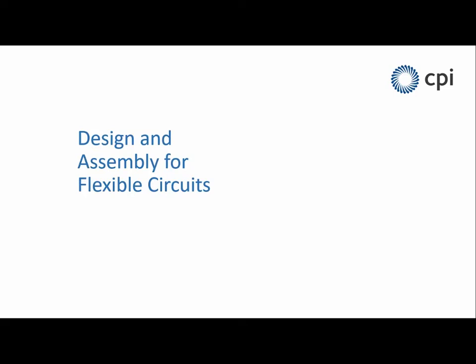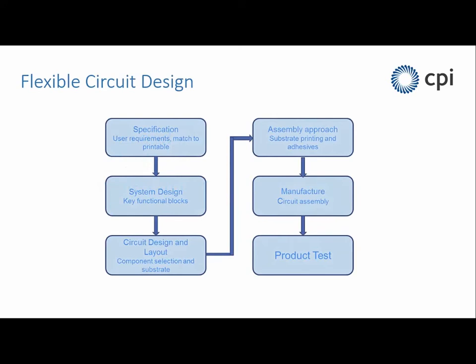Okay, well let's step on and look at the next stages. So just thinking about the design then of a flexible electronic circuit. It's actually just the same as designing a conventional circuit, really. You go through the normal specification, system design, circuit design, manufacture, product test sort of process. But we stick another bit in the middle there, which is the assembly approach and how we're actually going to put this together.